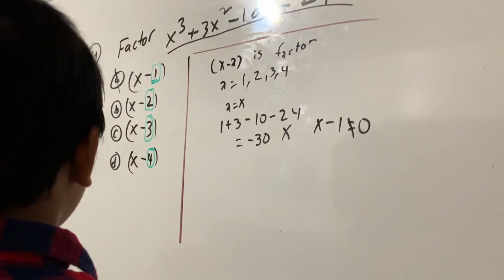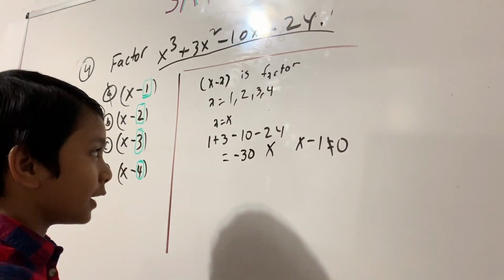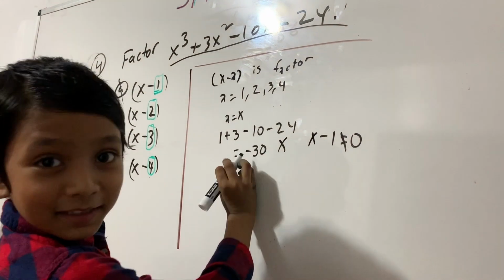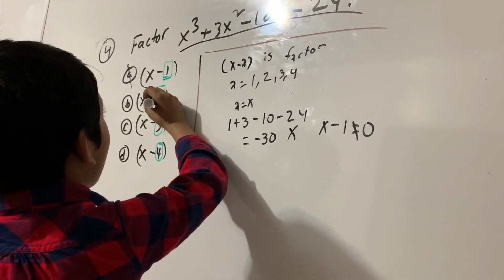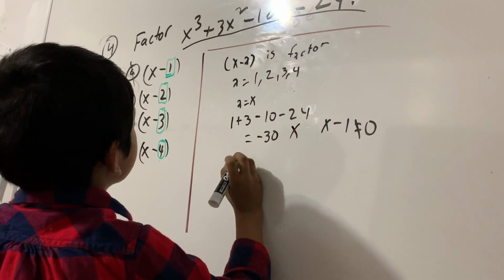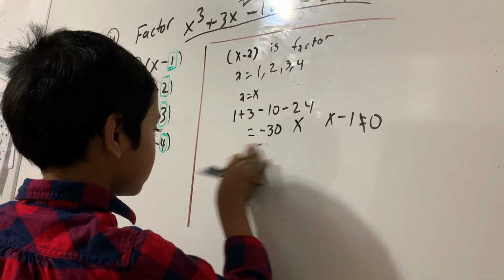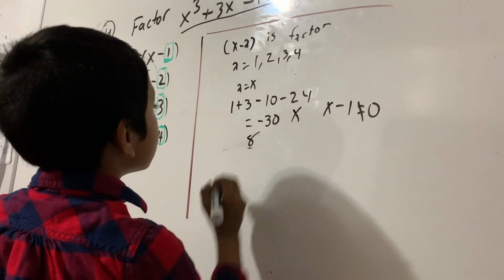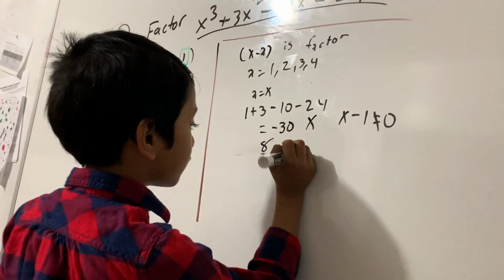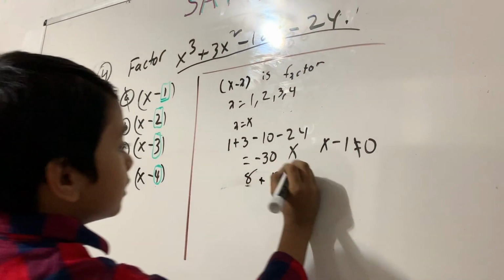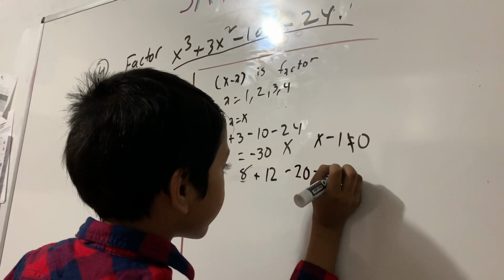Now let's try B. So we can plug in 2 into this equation. So 2 cubed is 8. Plus 3 times 2 squared, which is 3 times 4, is 12. Minus 10x is minus 20, minus 24.